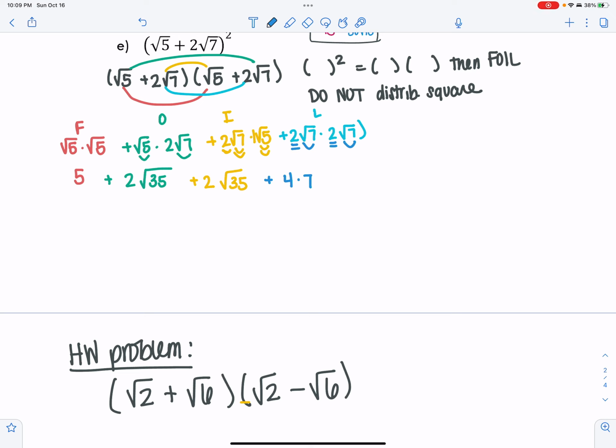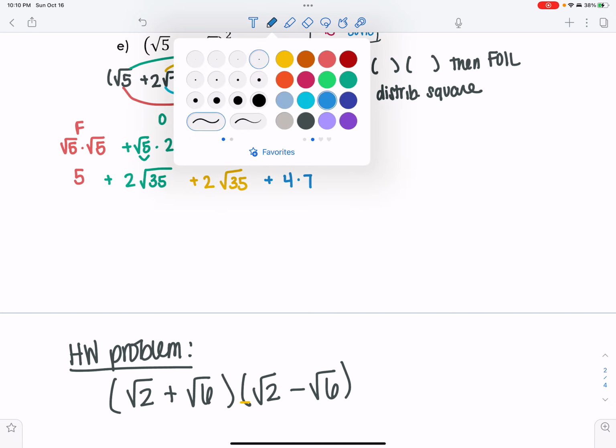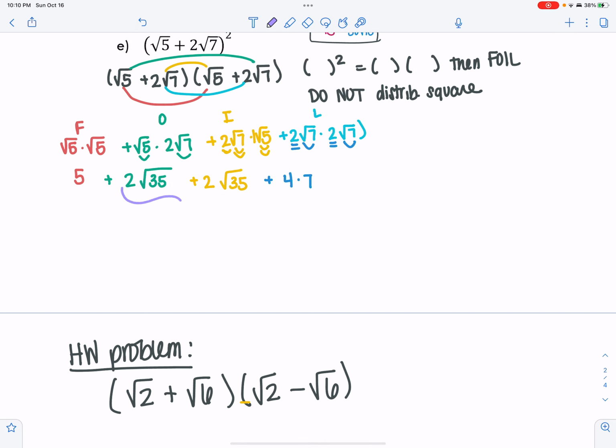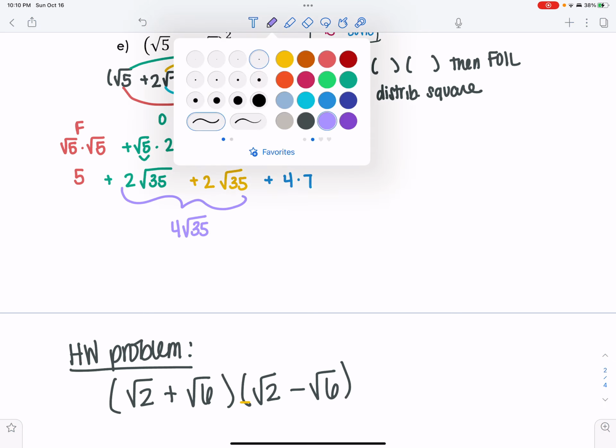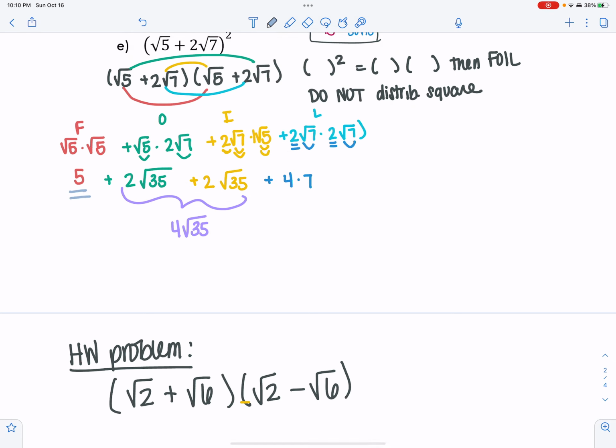Now I'm going to keep simplifying. 2 square root 35 and 2 square root 35 are considered like terms, so I can combine them to give me 4 square root 35, because 2 plus 2 is 4. I also can combine on these ends 5 plus 4 times 7.